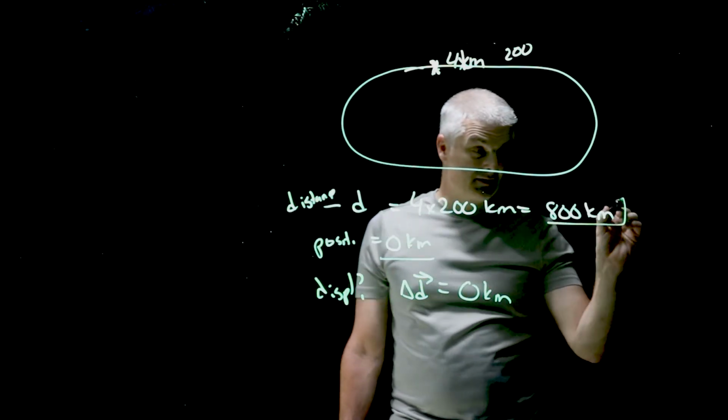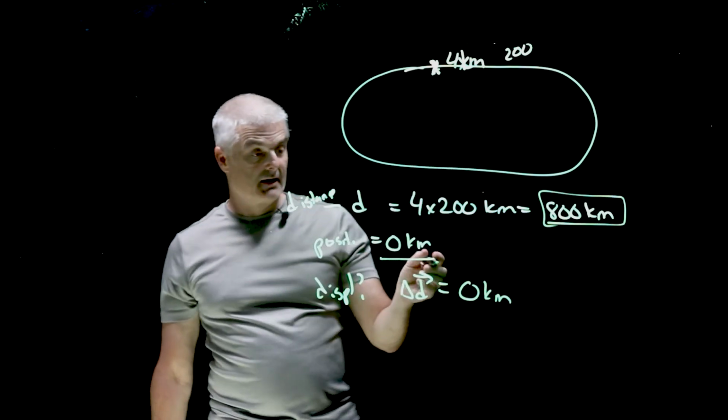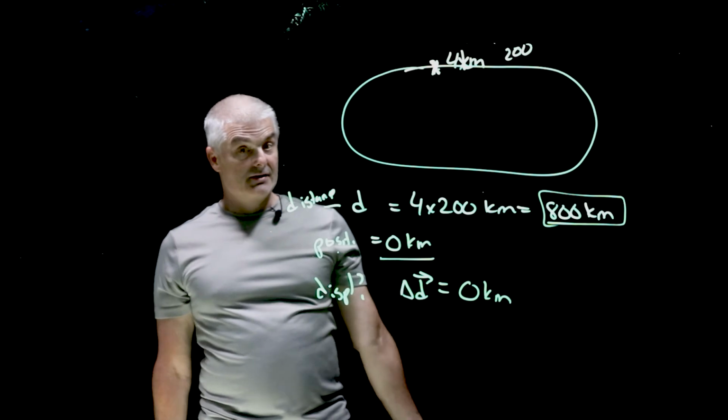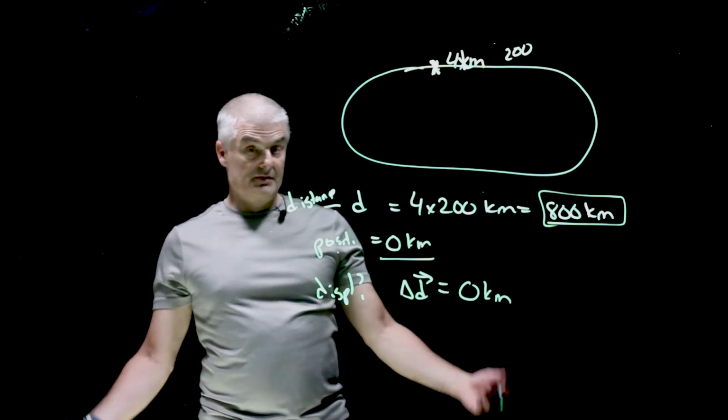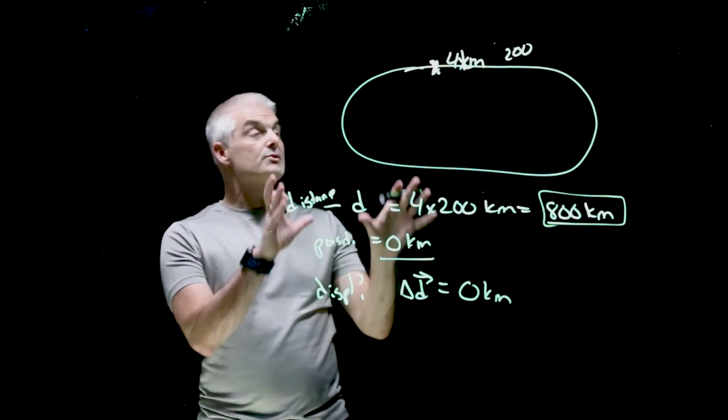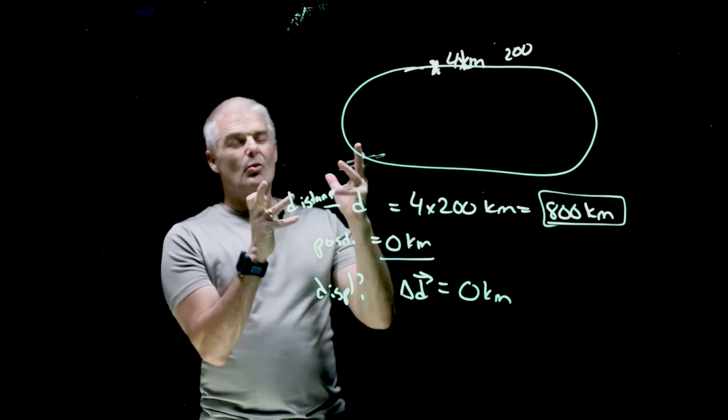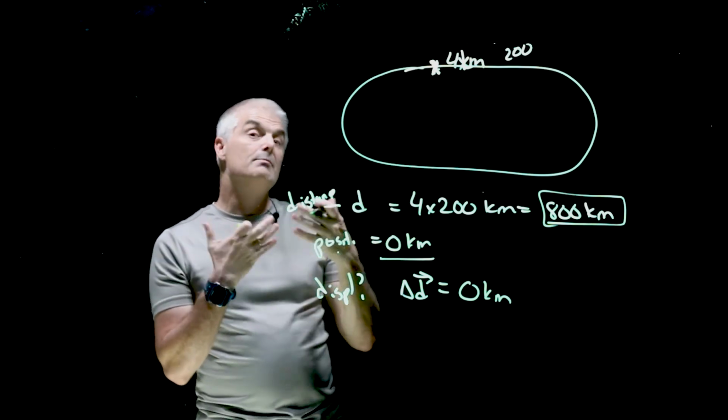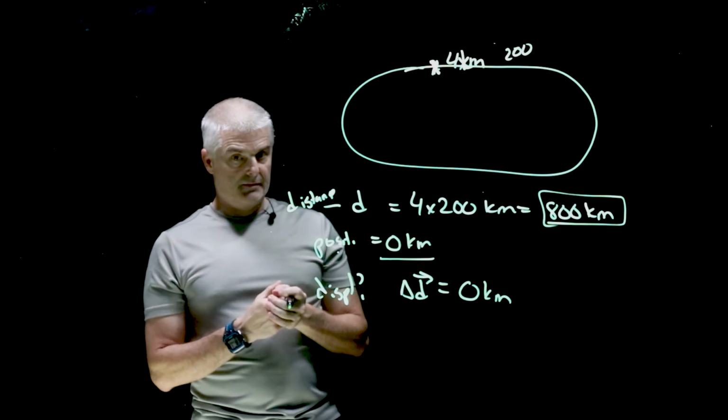Yeah, he traveled 800 kilometers, raced his car around the track, but his position is 0 and his change in displacement is 0. So those are quick videos to show you a little bit about how we think about distance, position, and displacement.